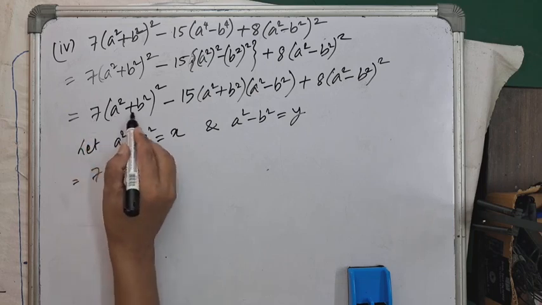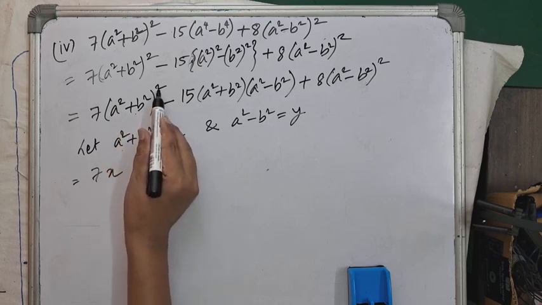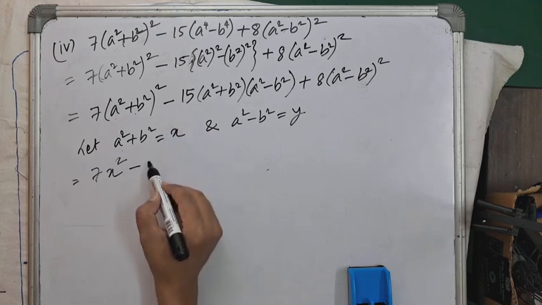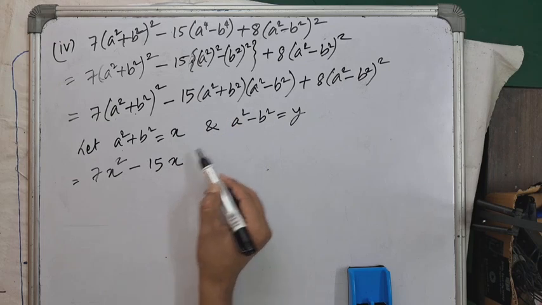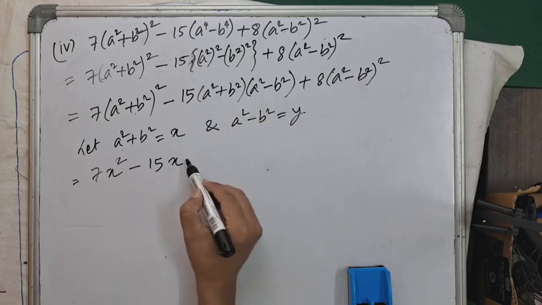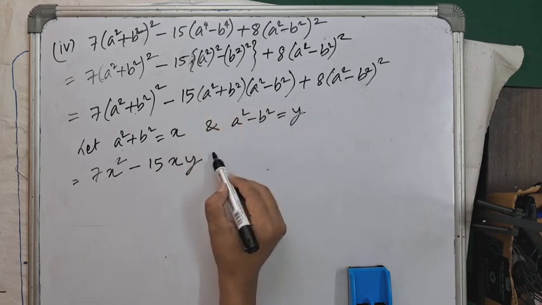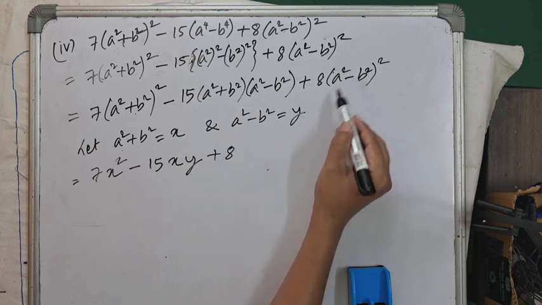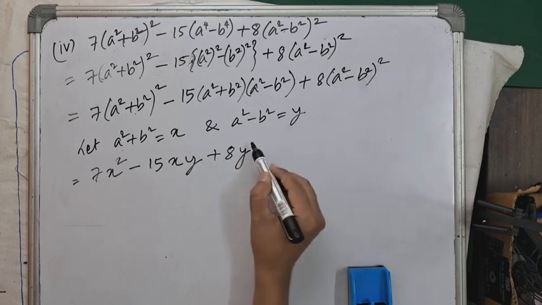7 a square plus b square, a square plus b square is x. Again we have a square here, so we write a square here, minus 15, a square plus b square means x, a square minus b square means y, 15xy, plus this 8 we write here, a square minus b square means y, but we have a square here, so we write y square.